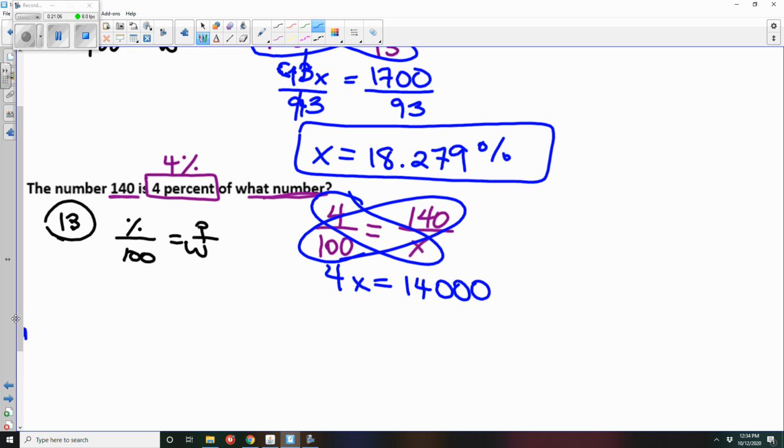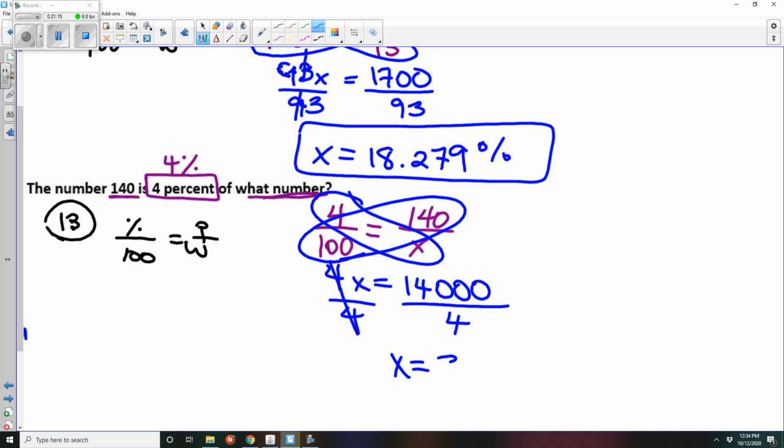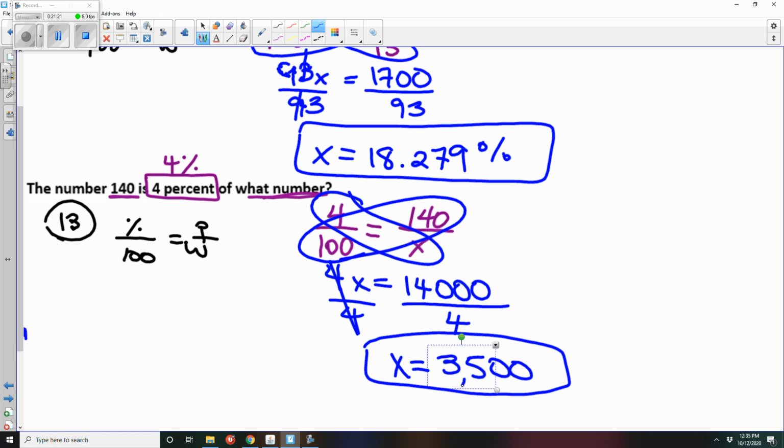Last step, divide both sides by 4, and x will equal 3,500. Yeah, there we go. 140 is 4%, and 4% is a very low percentage, so that would work. Perfect.